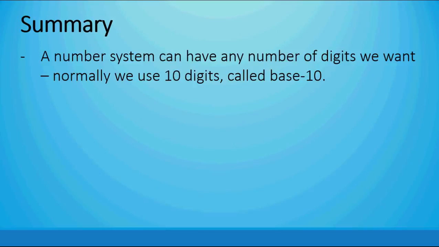So let me summarize this video. A number system can have any number of digits we want. This is maths, so we have to keep things general. But normally, in our standard number system, we use 10 digits, called base 10. Those digits are 0, 1, 2, 3, 4, 5, 6, 7, 8, and 9.